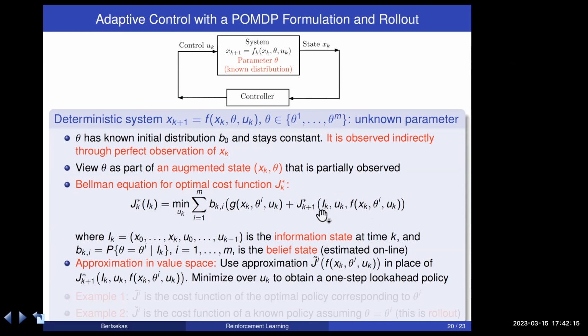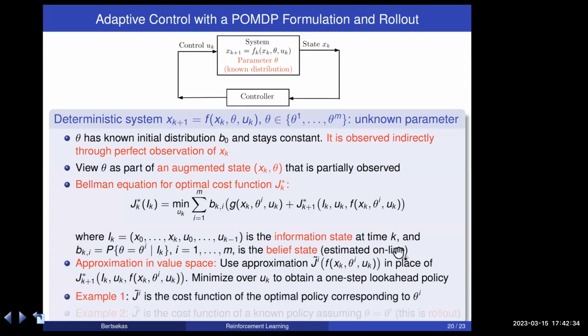So there's no direct dependence on Ik and uk. And we use this in place of this, and we minimize over uk, and we obtain a one-step look-ahead policy.